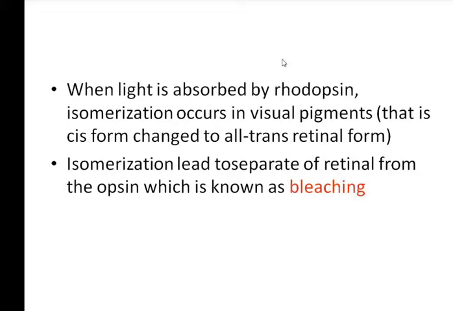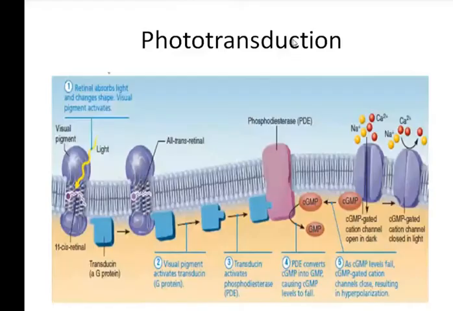Now, this is phototransduction. What does that mean? Photo means light, and transduction means what is happening within the photoreceptors. It means one form of energy is changed into another form of energy. So phototransduction means light is converting one form of information into another.